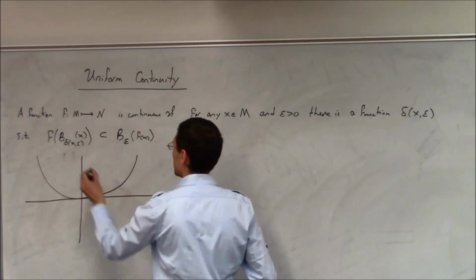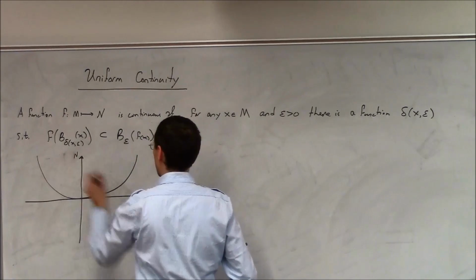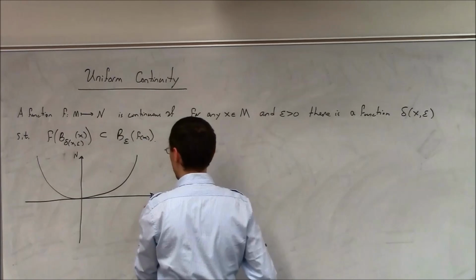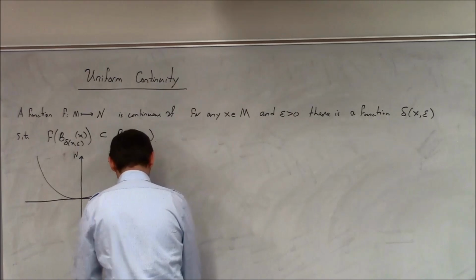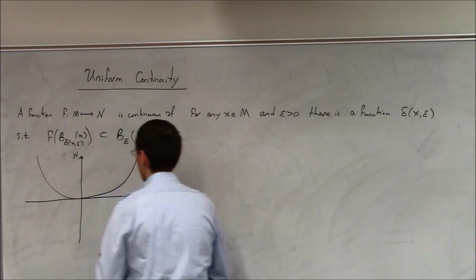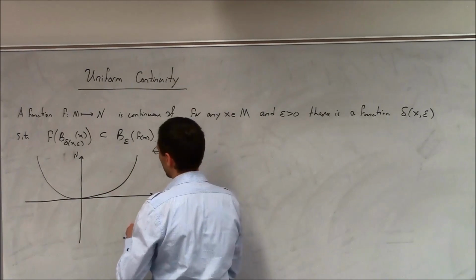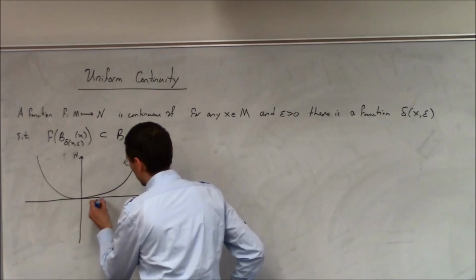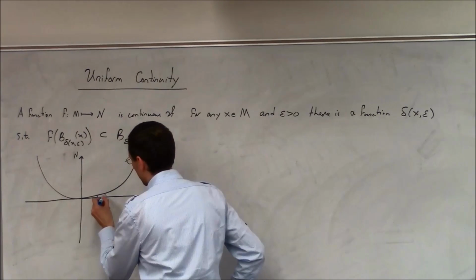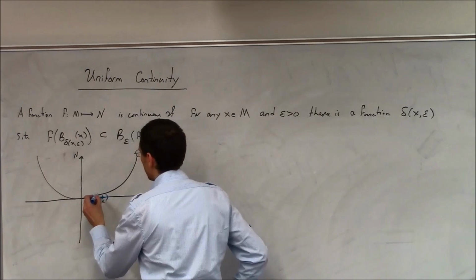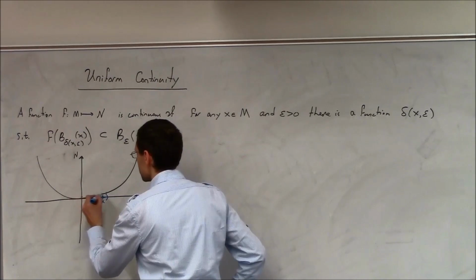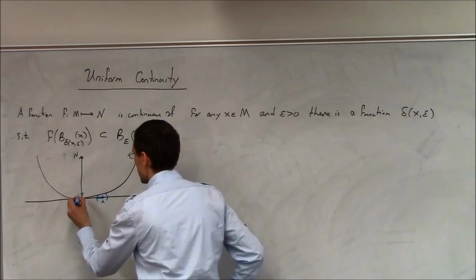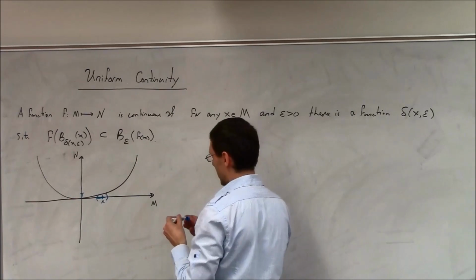So this is your N, and this is your space M. The definition of continuity is very simply that if you keep your open ball focused at some point x, then its image is going to be very small.